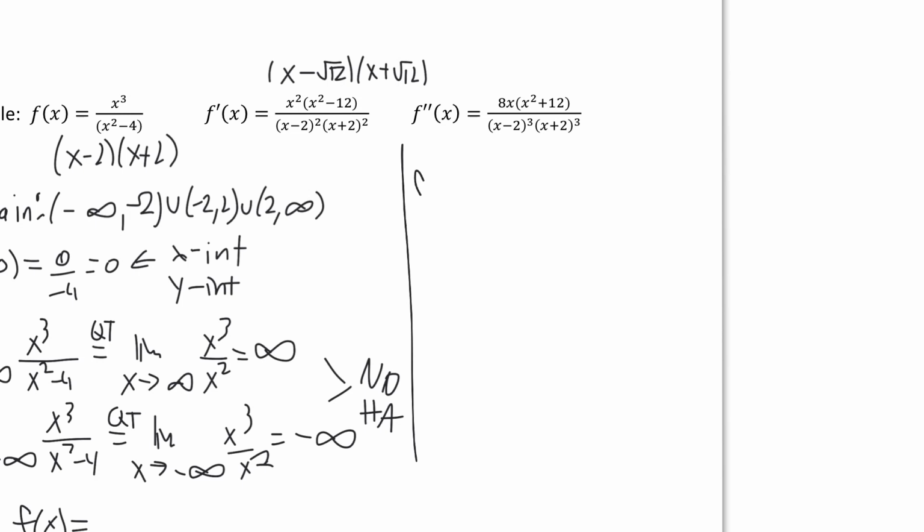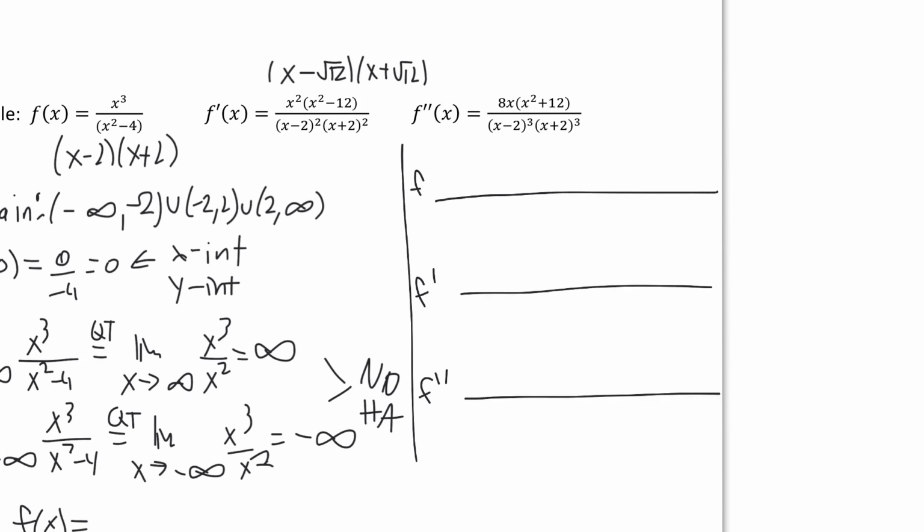So we've got f, f prime, and f double prime. For f prime, we've got 0 at 0, and then we've got undefined at negative 2 and at 2. For a value bigger than 2, we say 10.